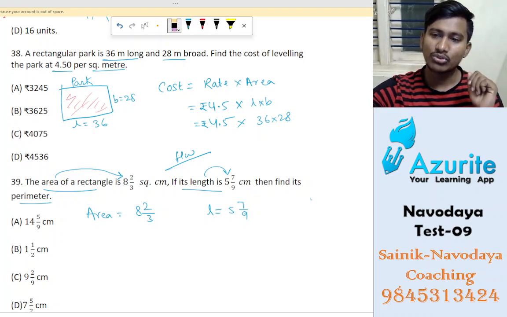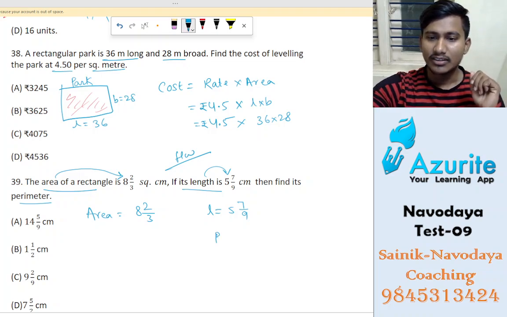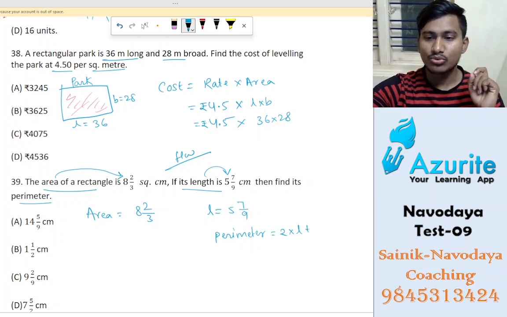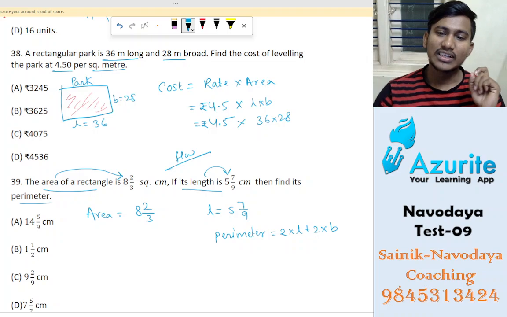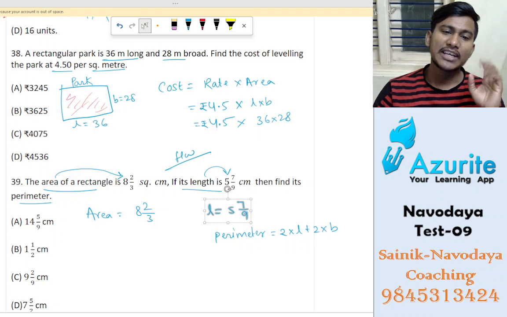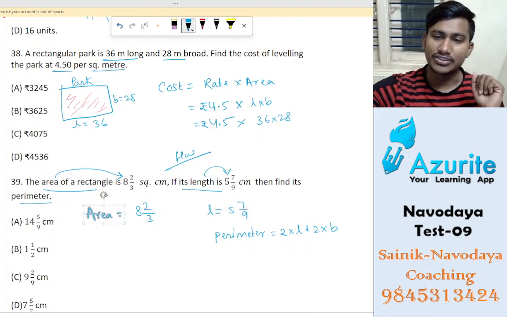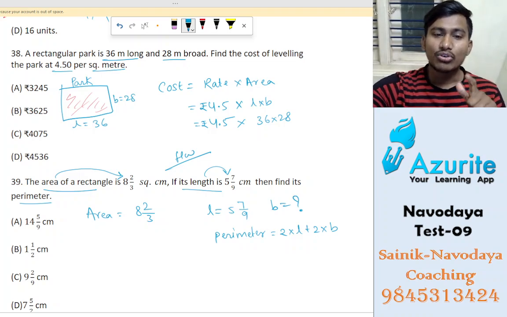So here how do we find the perimeter? Yes, to find the perimeter we need 2 times length plus 2 times breadth. So here length is given but breadth we don't know, but we have area, so we have to find the breadth first. Okay, so how do we find the breadth?